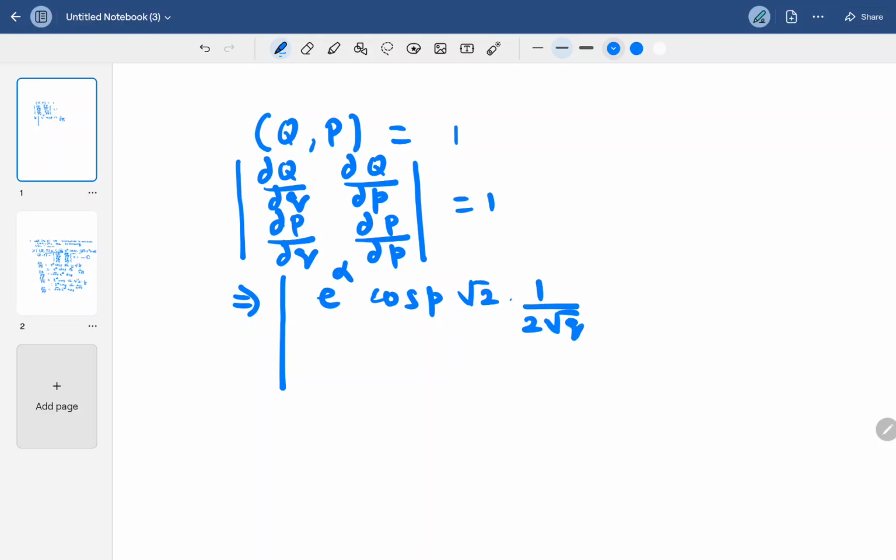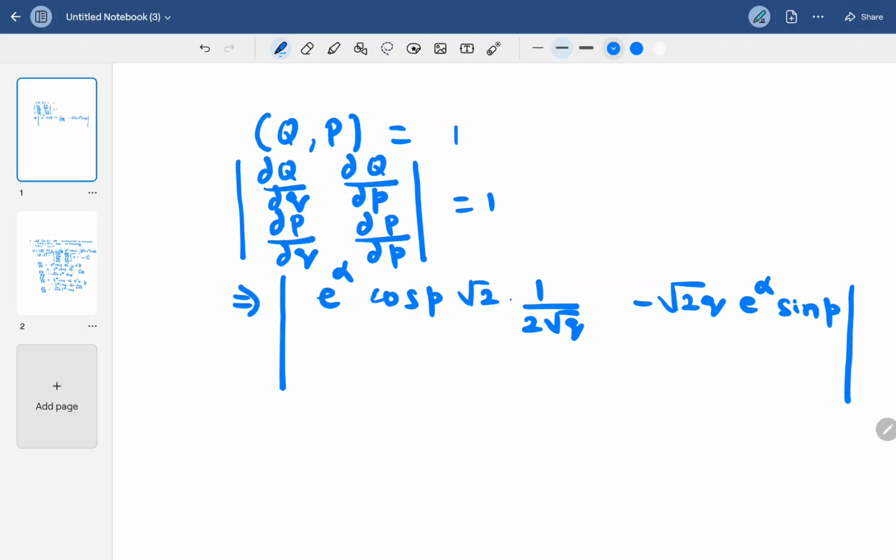We have already found the answer for dou Q by dou small q. What is the value for dou Q by dou small p? Dou Q by dou small p is nothing but minus root 2q e power alpha sin p. This is the first row.